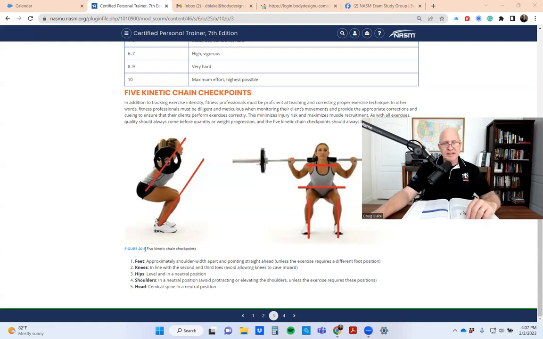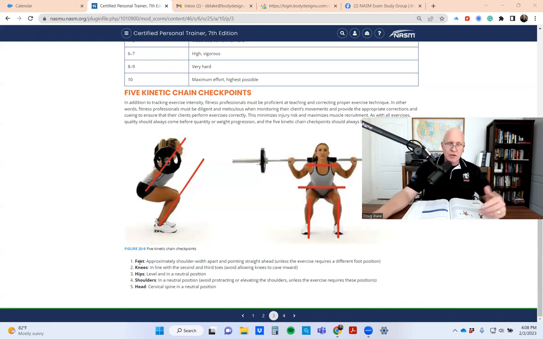So figure 20-8 gives you an idea, and you can see she's basically doing her squat. And yeah, the parallel lines, yada, yada. But here it is, right? These are your 5 kinetic chain checkpoints. And what should they look like, feel like, taste like, smell like, right? No matter what. Now, we know the 5 kinetic chain checkpoints because of the postural assessments, the static and the dynamic postural assessments, right?